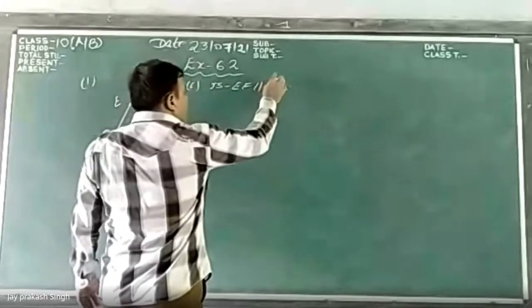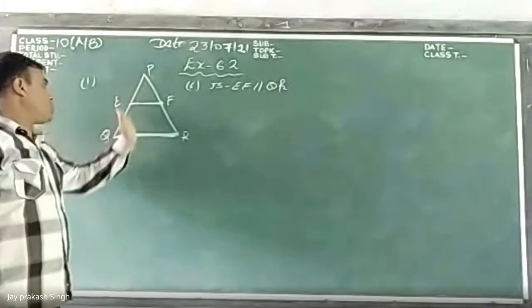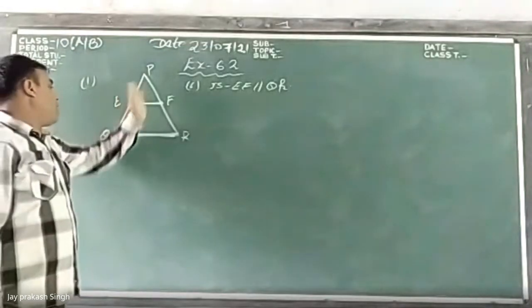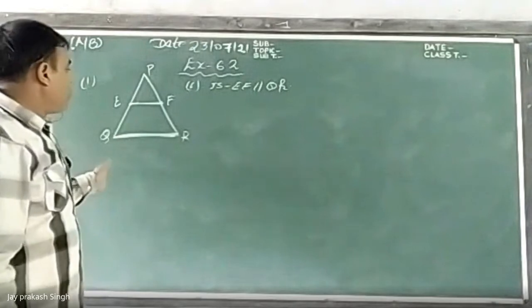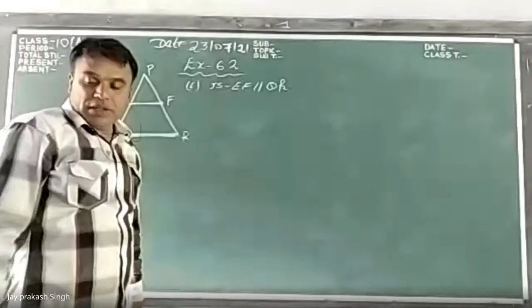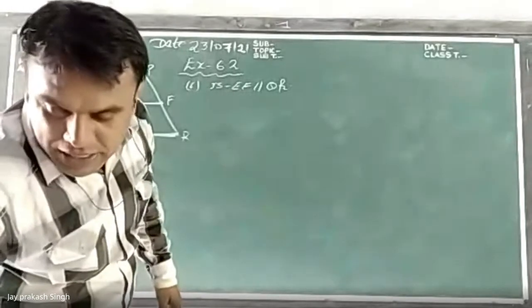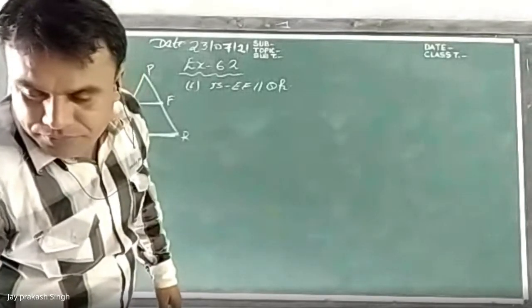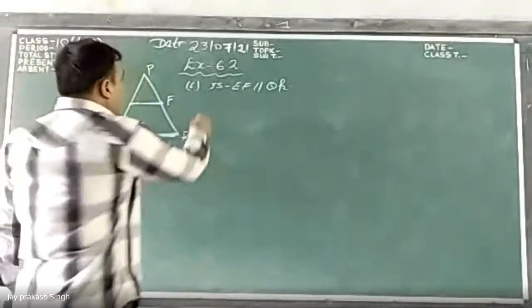How will that be done? If the ratios of the sides of the triangle are in the same proportions on both sides, then we can say that the line EF is parallel to QR.